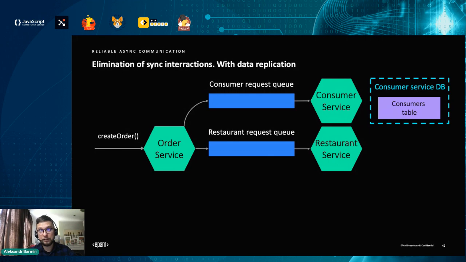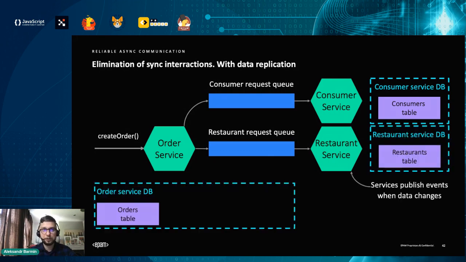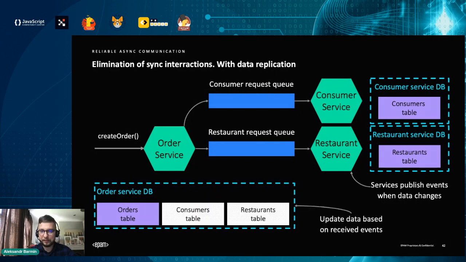But actually, there is a bit different design pattern, which is called data replication. So we can do data replication directly, or we can use messages which are emitted by these services in order to keep data in sync.